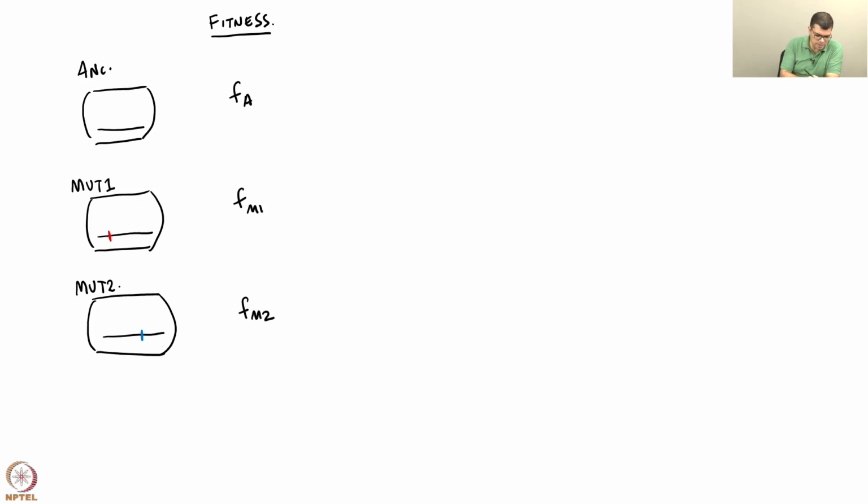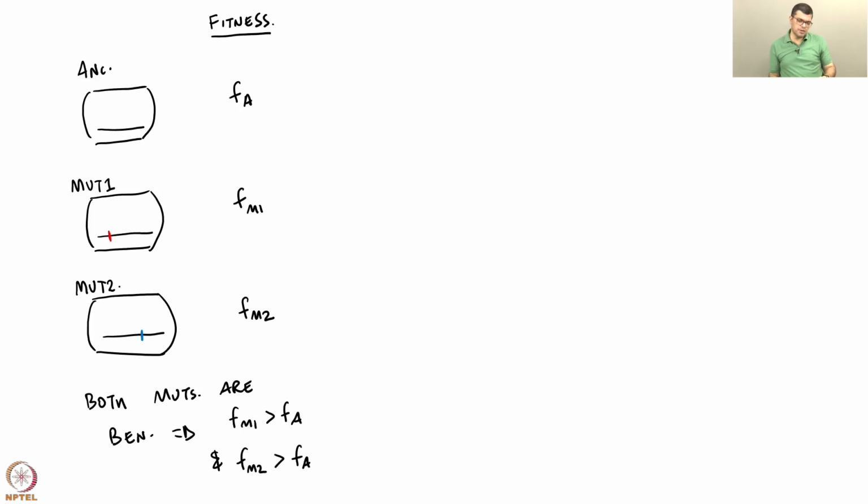Let us imagine that both these mutations are beneficial in nature, which implies that Fm1 is greater than Fa and Fm2 is greater than Fa. But now what we are saying is that both are beneficial mutations, and hence the fitness of both these genotypes is greater than that of the ancestor.